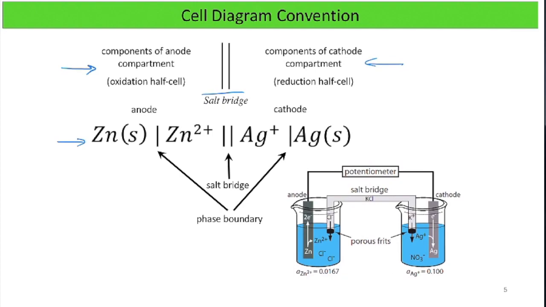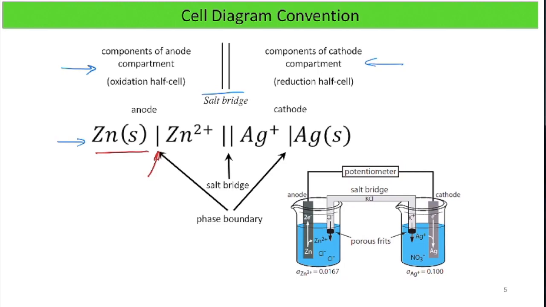So if we were to write out the cell diagram for the electrochemical cell on the previous slide, we would write it as shown here. So we start off with the zinc electrode, which is the zinc solid, and this vertical line here represents a phase change. So we have a solid zinc electrode, and then the next thing that zinc electrode is in contact with is zinc 2 plus.